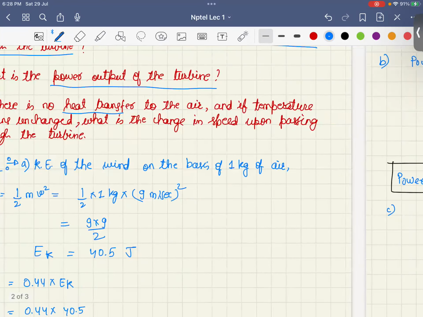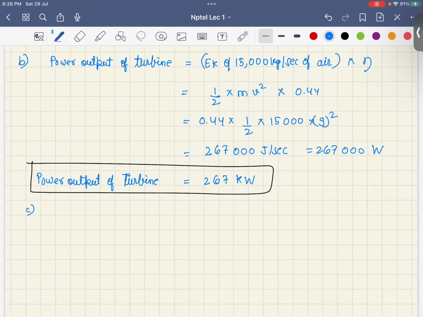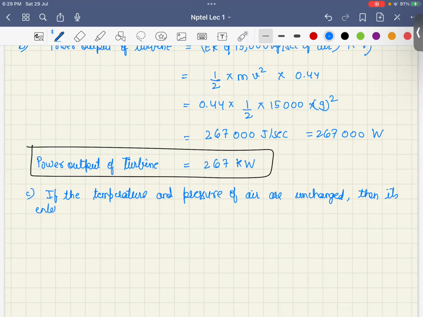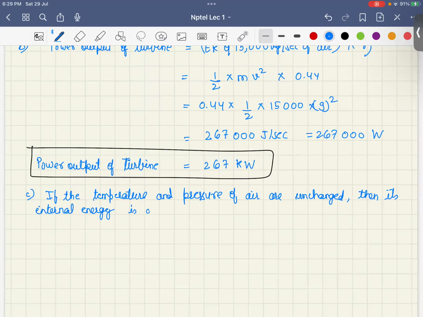If the temperature and pressure of the air are unchanged, then its internal energy is also unchanged, and changes in gravitational potential energy can also be neglected, right?